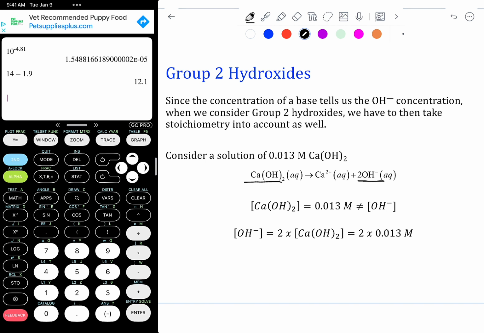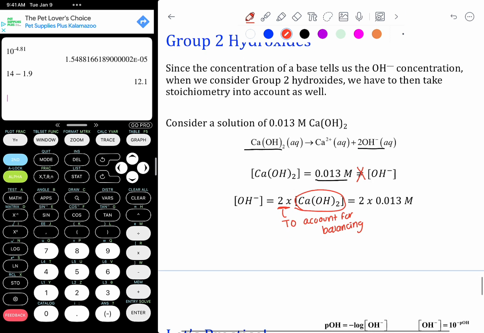So when we have a solution of 0.013 calcium hydroxide, its concentration is 0.013 molar, but that does not equal the concentration of the OH minus. Instead, to get the proper concentration of the OH minus, we have to take the concentration of CaOH2, calcium hydroxide, and multiply it by 2 to account for balancing. So we have to do 2 times that concentration.